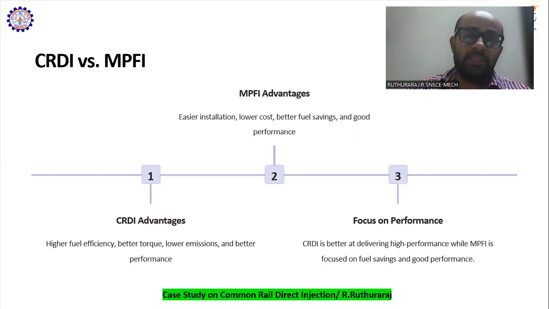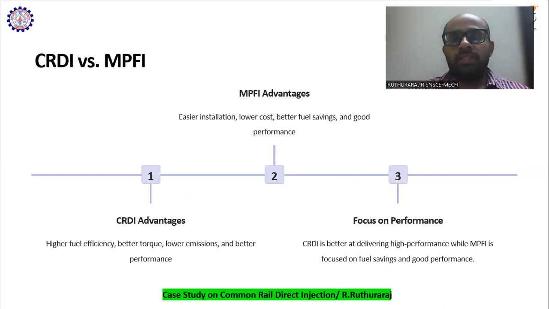There is another technology called multi-point fuel ignition system. This MPFI is somewhat lower in cost compared to the CRDI engine. What happens in this MPFI engine is that multiple injectors will be placed inside a single cylinder itself.